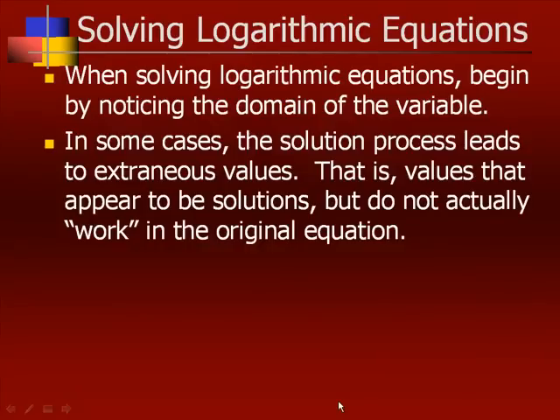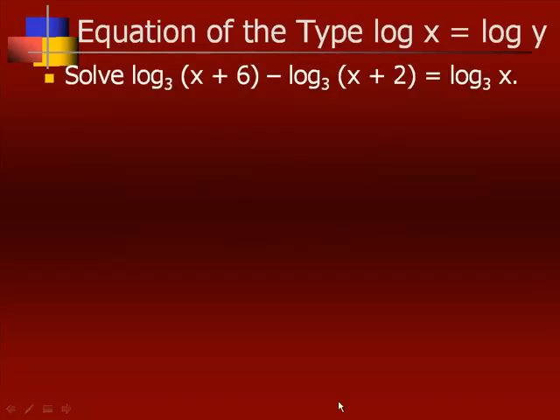Now, when solving logarithmic equations, begin by noticing the domain of the variables. In some cases, the solution process leads to extraneous values, that is, values that appear to be solutions but do not actually work in the original equation, maybe because they were not even in the original domain. So let's look at this type.